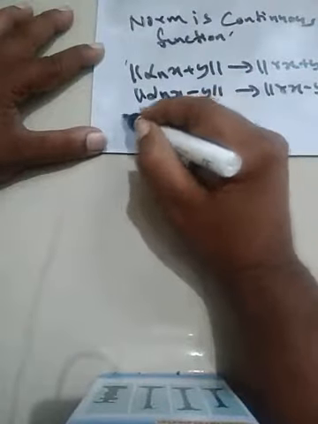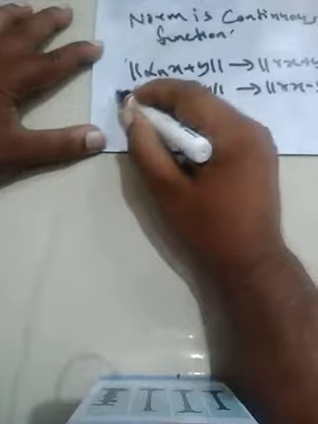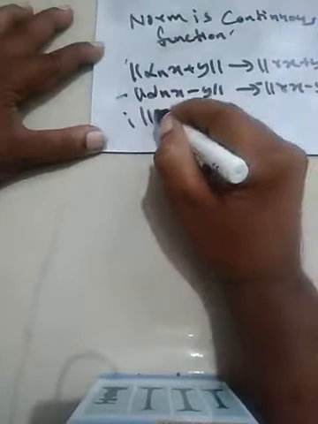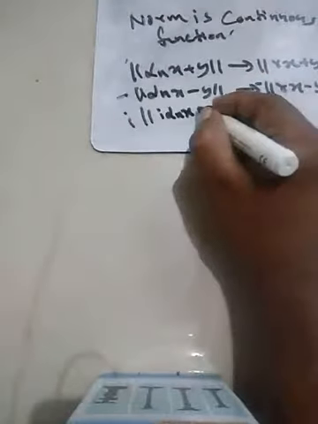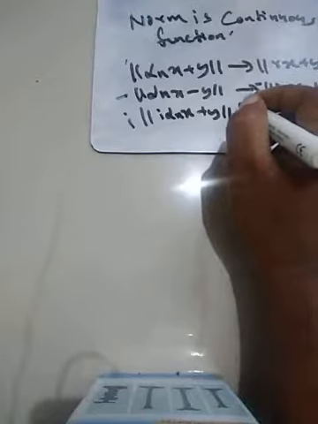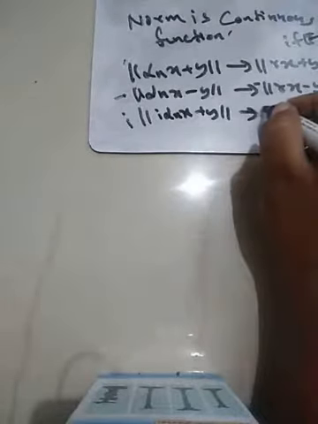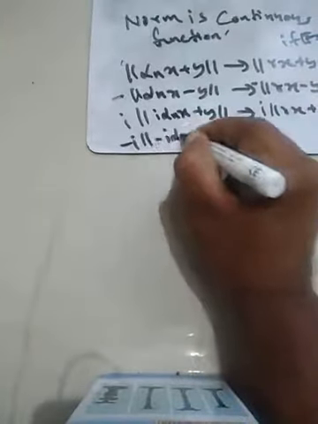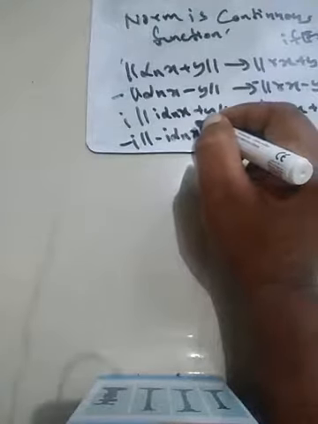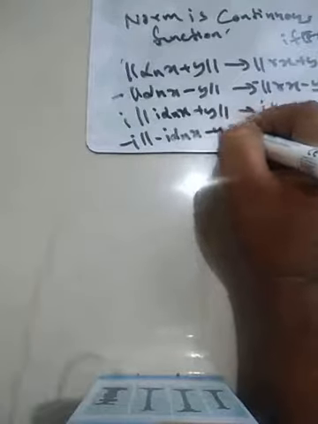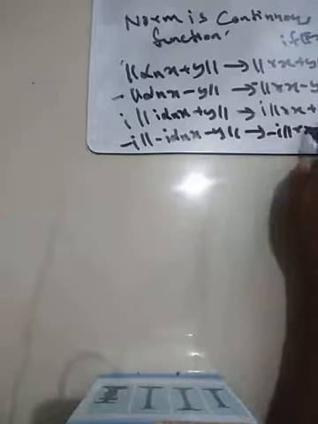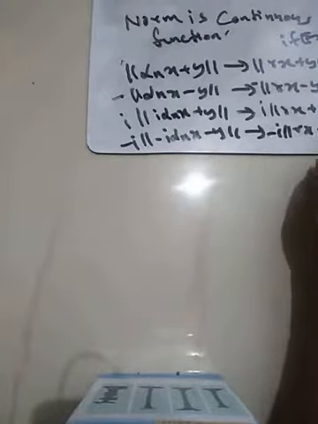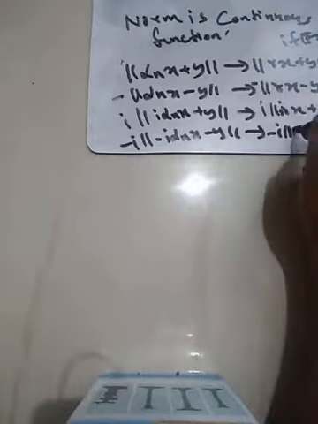Norm of i times alpha n x plus y would converge to i times rx plus y, and minus i times alpha n x minus y would converge to minus i rx minus y.